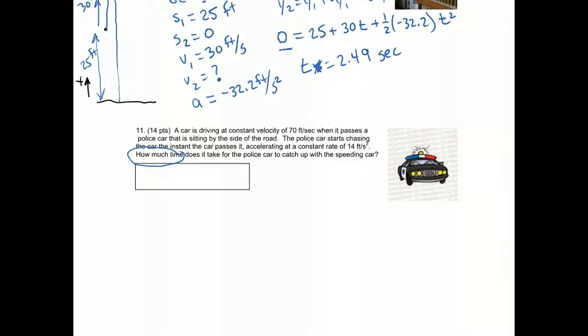We want to set what we know together. Just to show the grader we know what we're doing, delta S of the car is going to be equal to delta S of the police car.